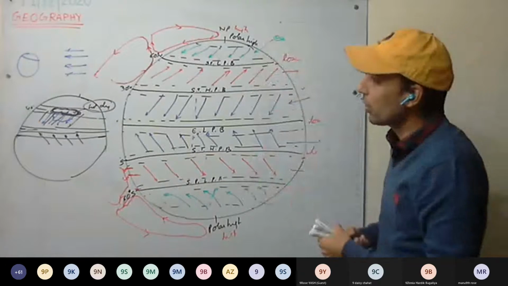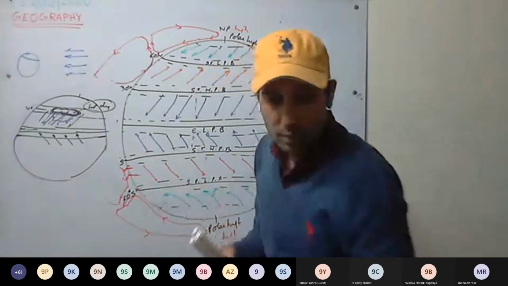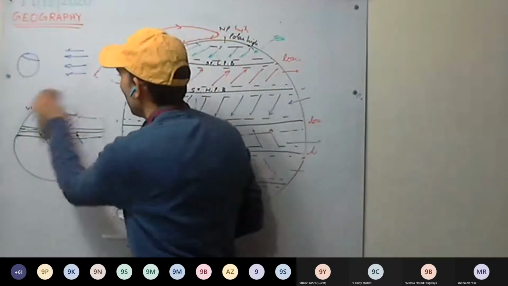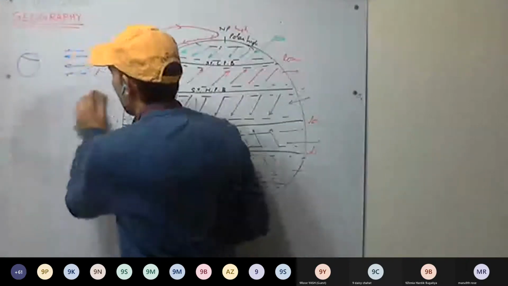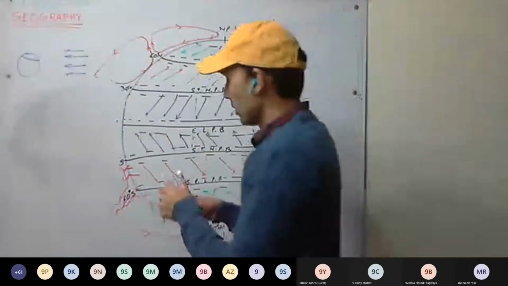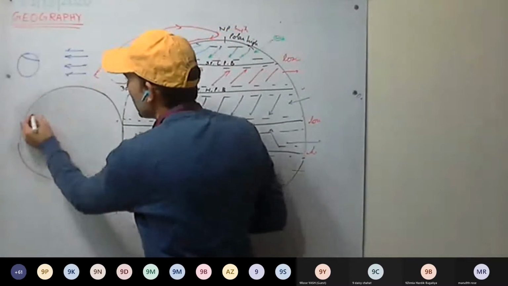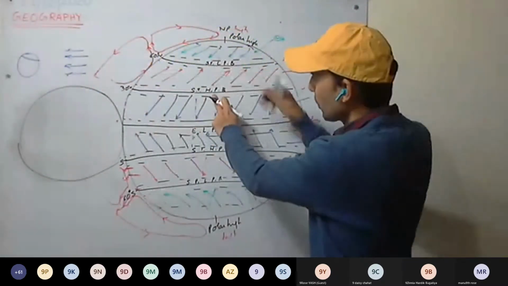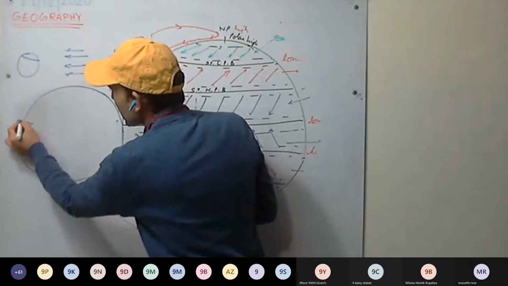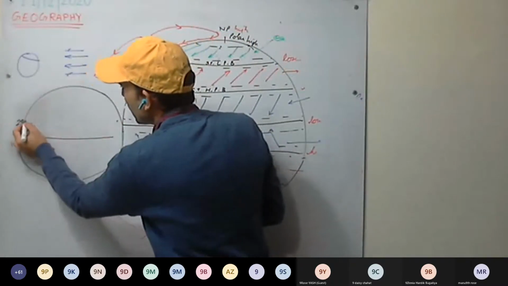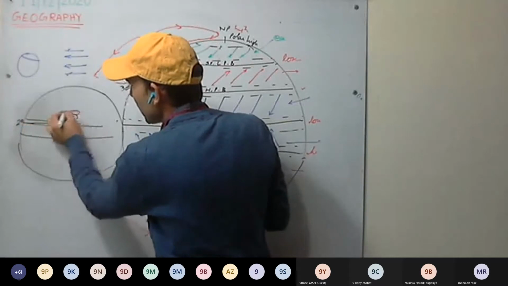Now see here, this time the subtropical belt is shifted towards the equator, around 25 or 20 degrees we take. This is the equator. This has shifted. Here we have the Mediterranean regions.